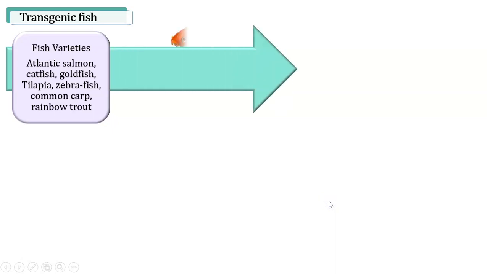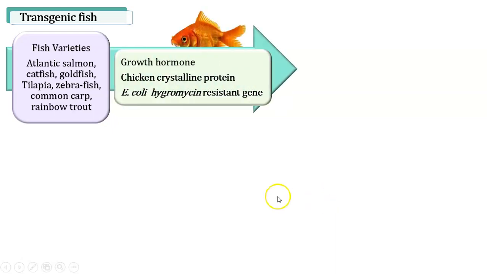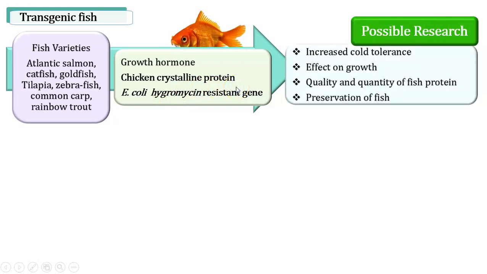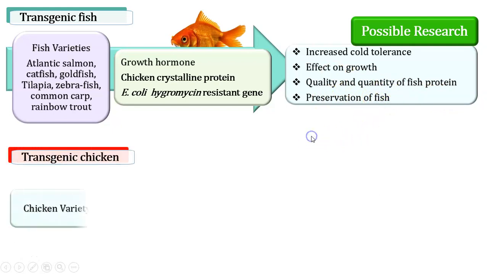The transgenic fish varieties are introduced with certain genes, growth hormones, and what we can study is their increased cold tolerance useful for storage purpose, effect on growth, quality and quantity of fish proteins, and how it can be made use in preservation. Transgenic chicken.